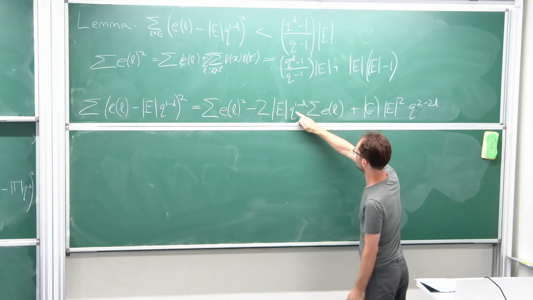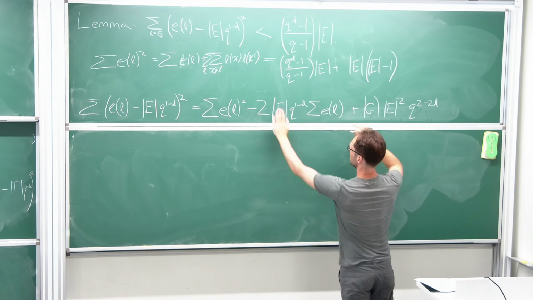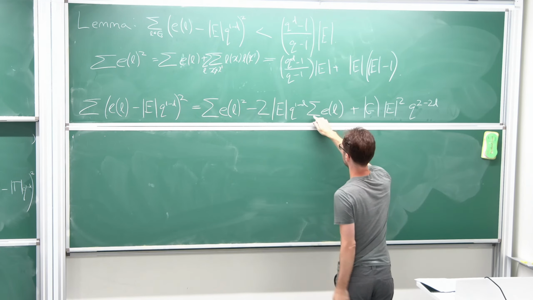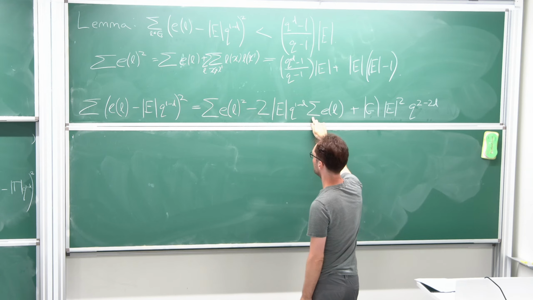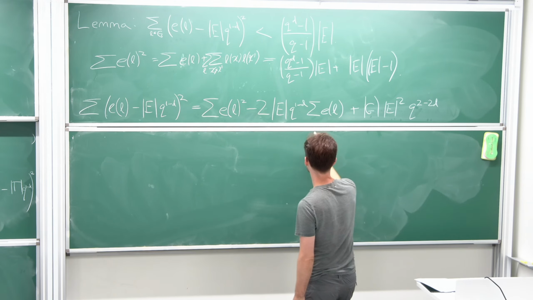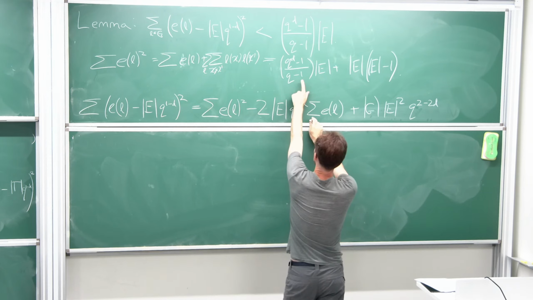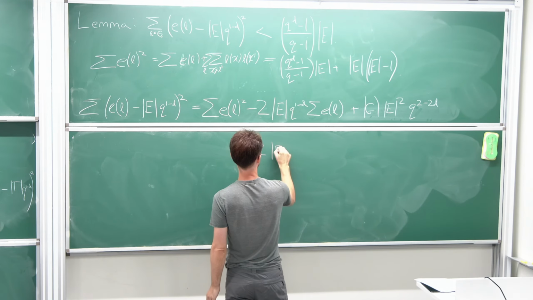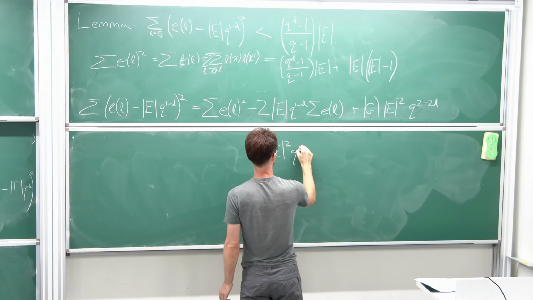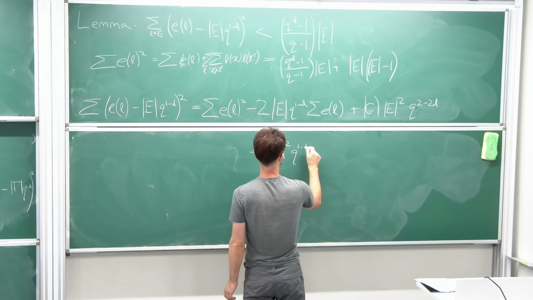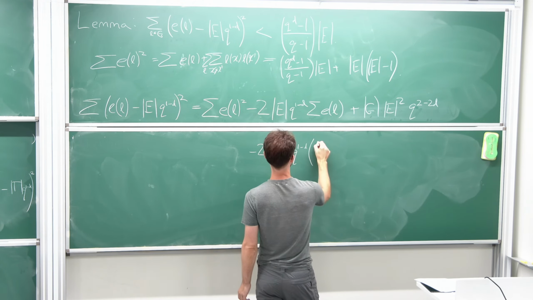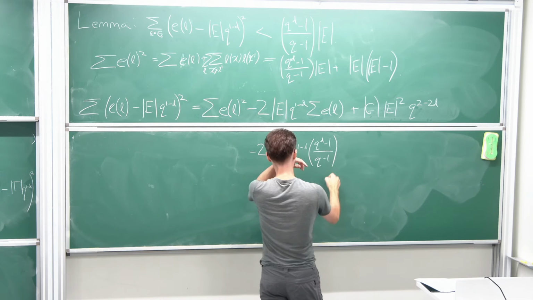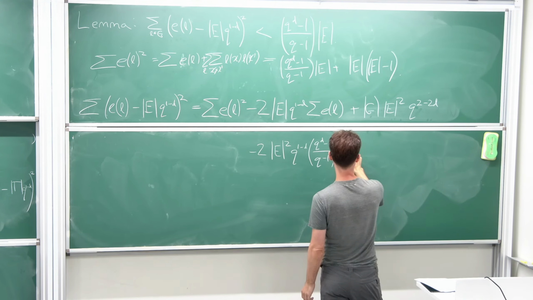Now my claim is that these two terms, if you cover up this 2 here, are the same. Because this term, well, we already bounded it. So this is minus 2 times e squared over q to the d minus 1 times the number of lines that contain a fixed point. And then, how large is G?